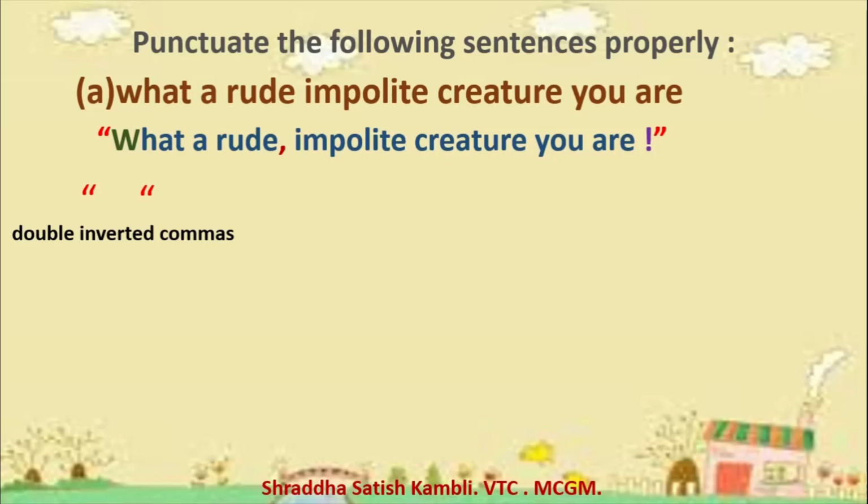So this sentence was said by Ivan. So we are writing exactly Ivan's words over here. That is why we are making use of the double inverted commas or quotation marks. Quotation marks means someone has said it and you are saying the sentence exactly in the same manner. You're quoting that person.